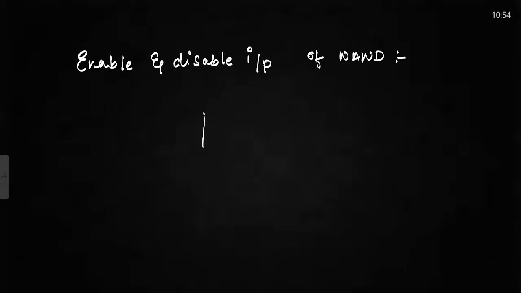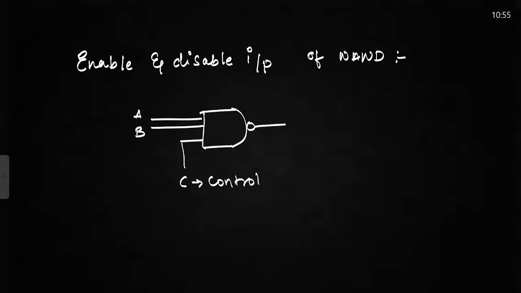So I am having NAND. Now here I am taking A and B, and C, this I am taking as the control input. So this is my control input.